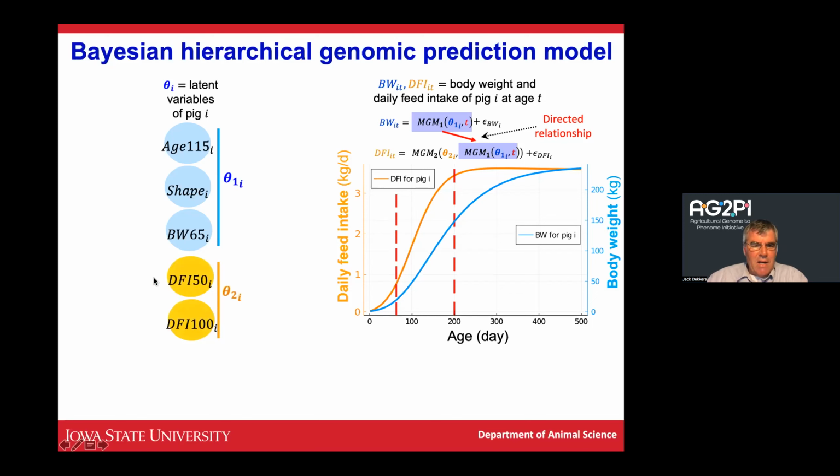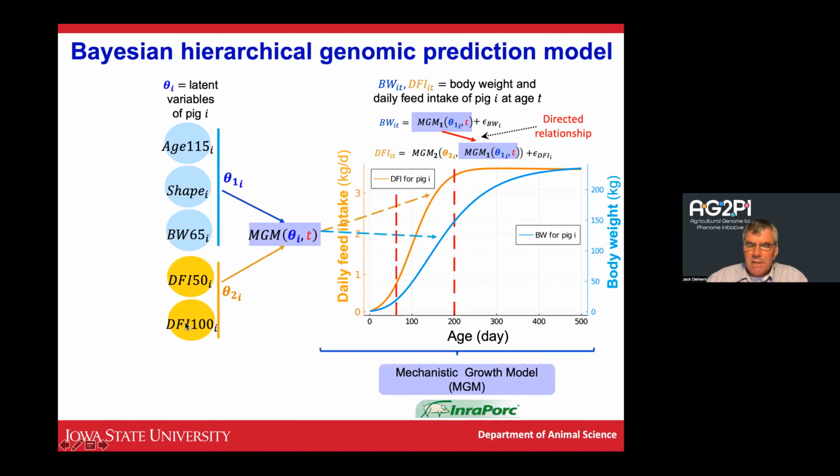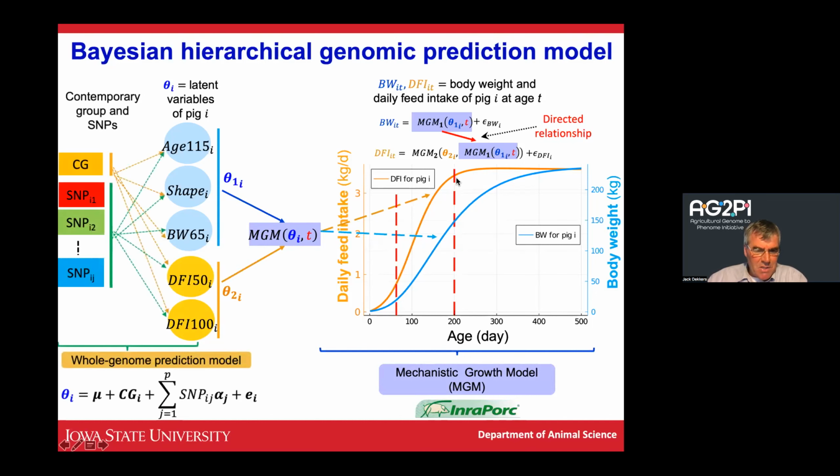And then for feed intake, we have 2 levels of feed intake at 50 and at 100 days as our latent variables. And again, we're not arguing that these are the optimal ones, but those shape parameters then drive the mechanistic model to predict feed intake and growth rate and related to the observations.